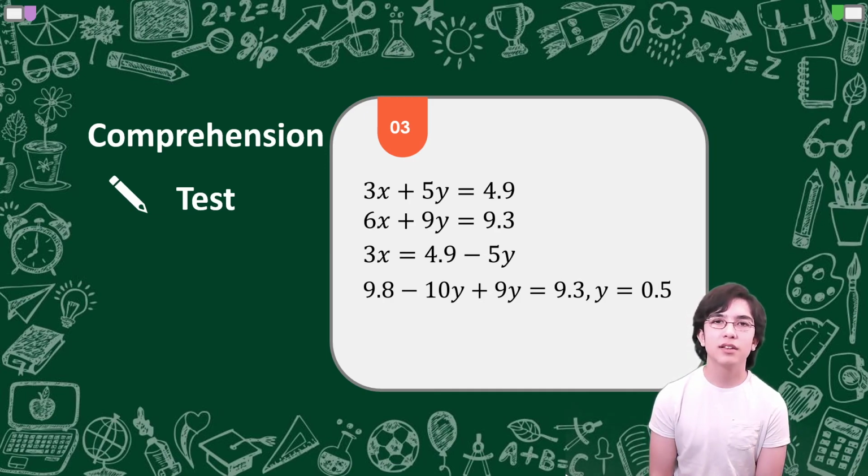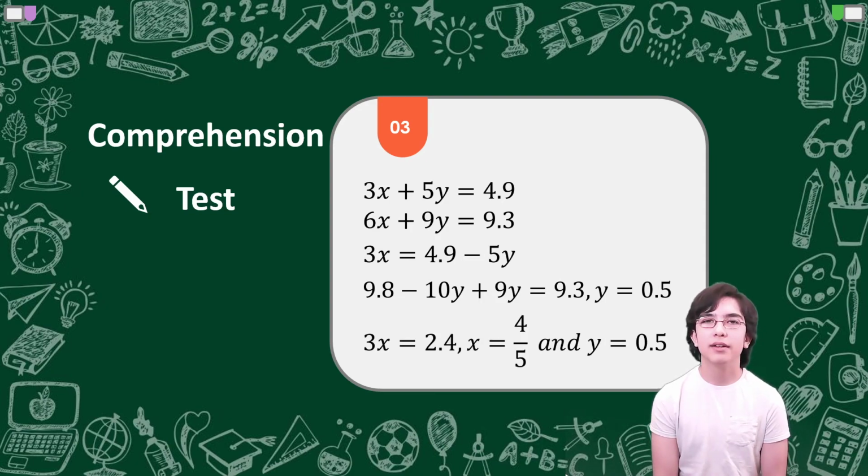When you subtract 9.3 from 9.8 and move the y's to the other side of the equation, and then you can find out x rather simply by just saying 3x plus 5 times 0.5, 3x plus 2.5 equals 4.9, 3x equals 4.9 minus 2.5, 3x equals 2.4, so therefore x equals 0.8, and y equals 0.5.